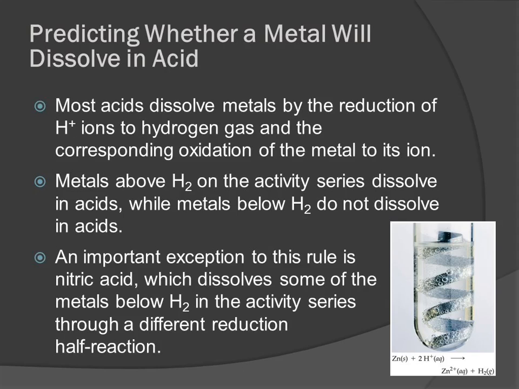That list can also help us to identify which metals will dissolve in acids. Most acids dissolve metals by the reduction of hydrogen ions to hydrogen gas, and then the metal gets oxidized to its ion. So metals that are above hydrogen on the activity series will dissolve in acids, and metals below hydrogen do not dissolve in acids. There's one important exception, and that is nitric acid. Nitric acid does dissolve some of the metals below it, but that's because it does so by a different half reaction.